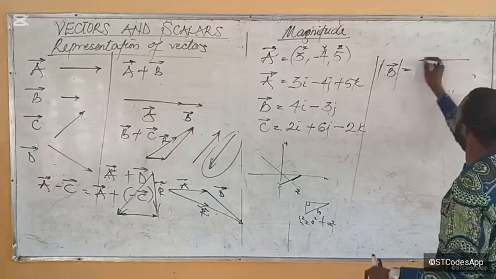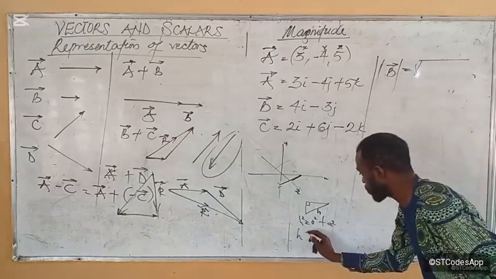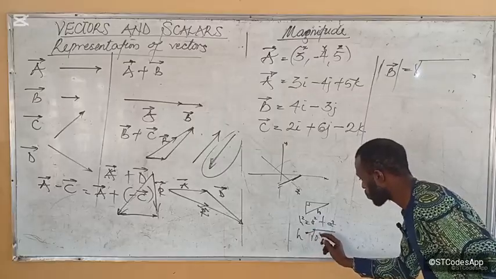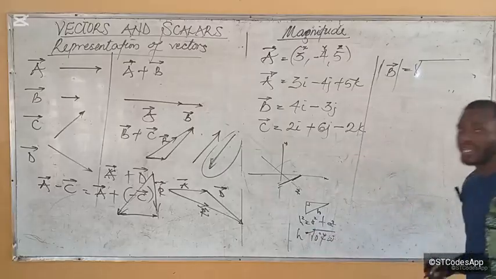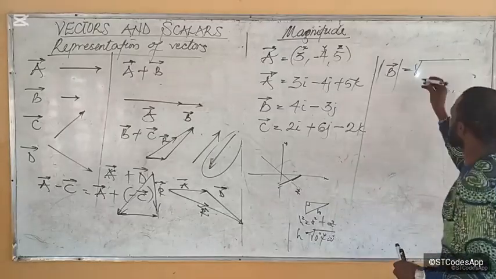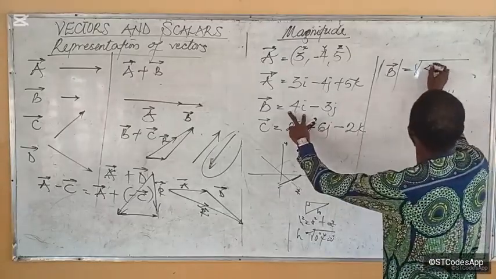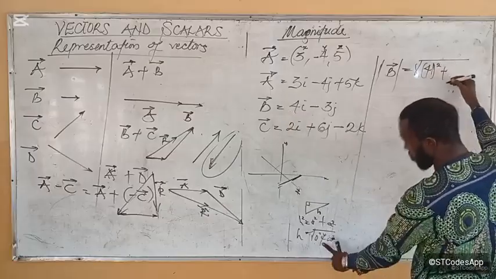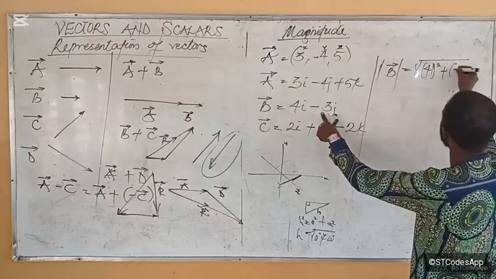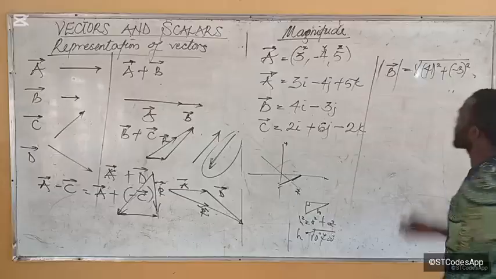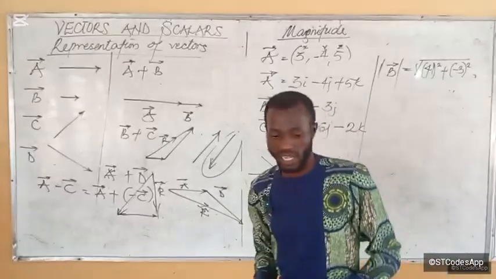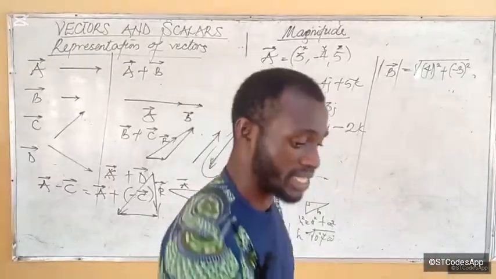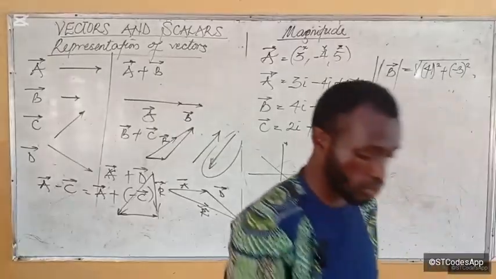To find the hypotenuse, which is the distance between the two points on the x and y axis respectively, we use the Pythagoras theorem. So the same way we're going to use the Pythagoras theorem here, taking the square of 4 and the square of minus 3. Do you understand?